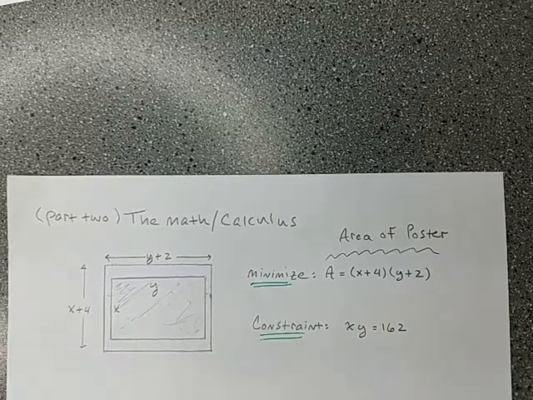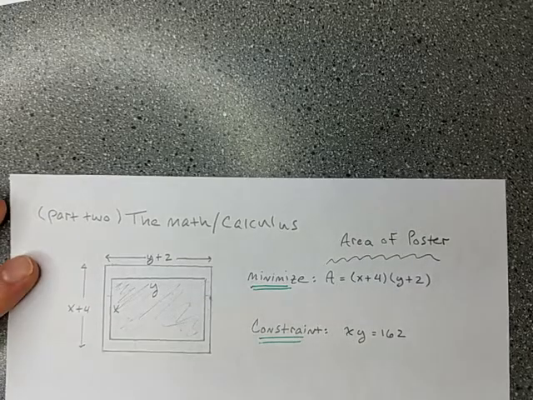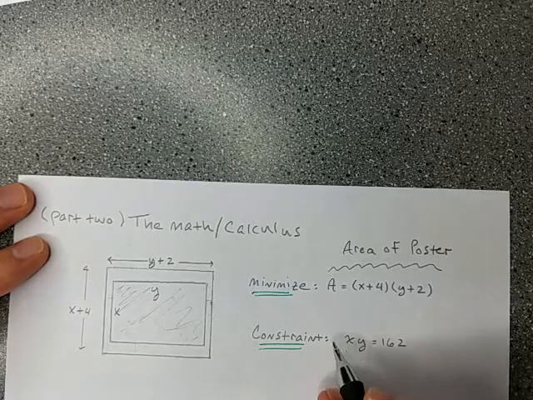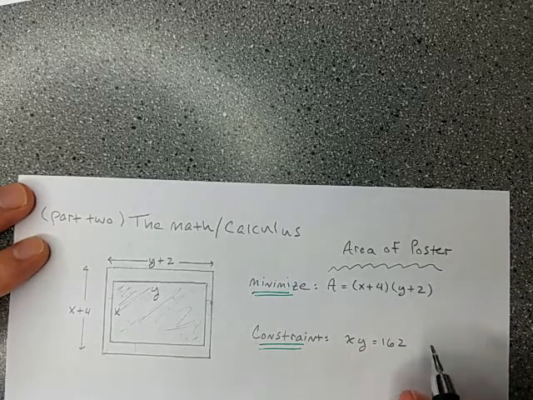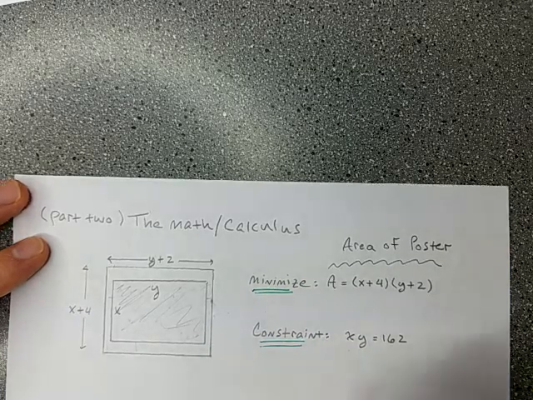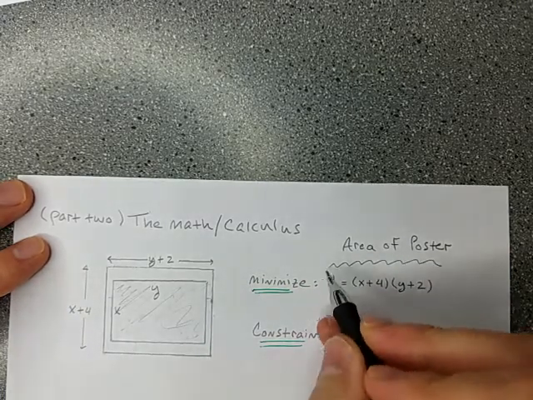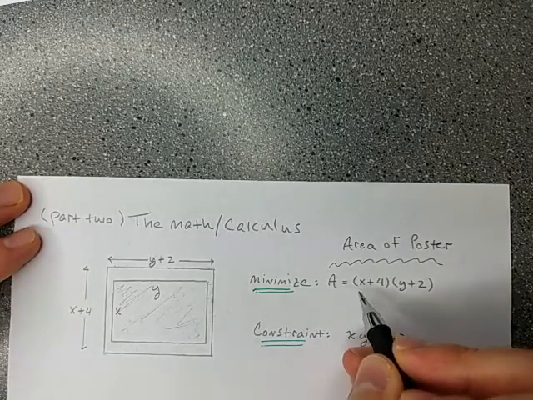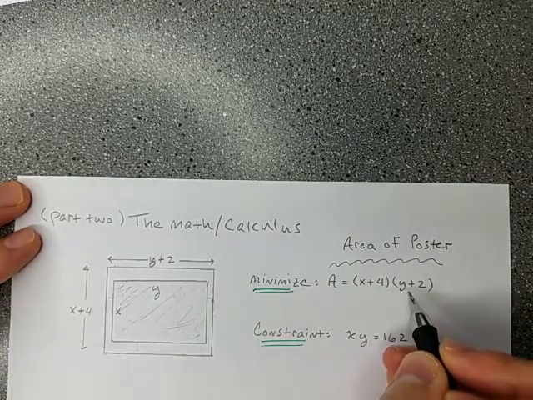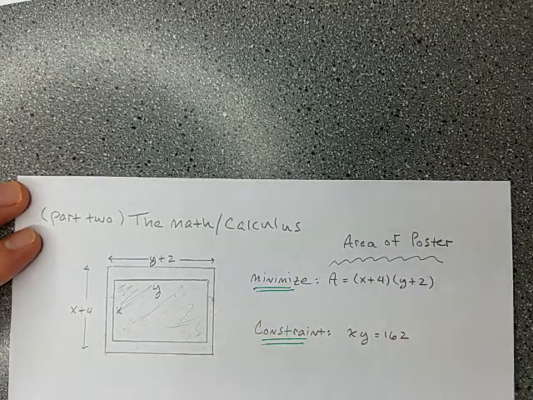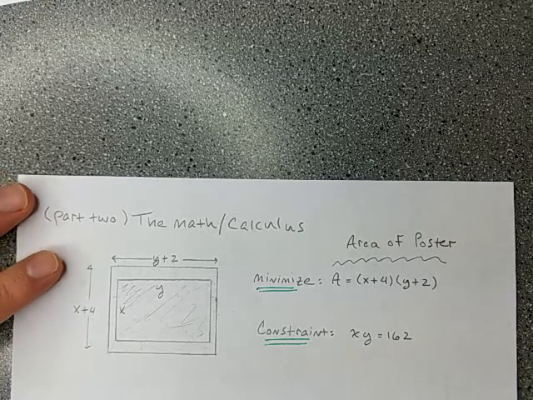Now, do you remember from the other video how we took it from here? From this point, we formulated the constraint separately from what we were minimizing, and reduced this function to a function of just one variable. As it is, this is a function of x and a function of y. I want it to be a function of either x or y alone.